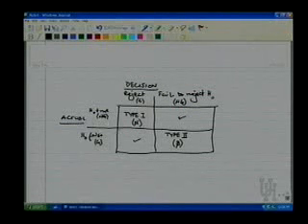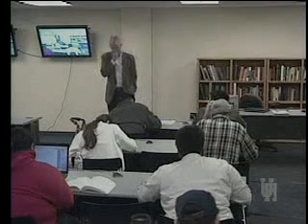Let me stop and ask, are there any questions about this 2 by 2? Can you explain the top left, the type 1 error, one more time? A type 1 error occurs when the jury rejects the null hypothesis. And the null hypothesis in a court of law is that the defendant is not guilty. A jury that rejects the null hypothesis then returns a verdict of guilty.